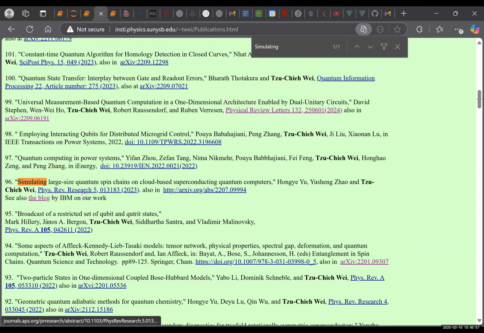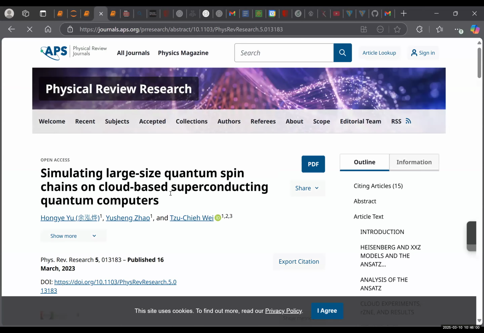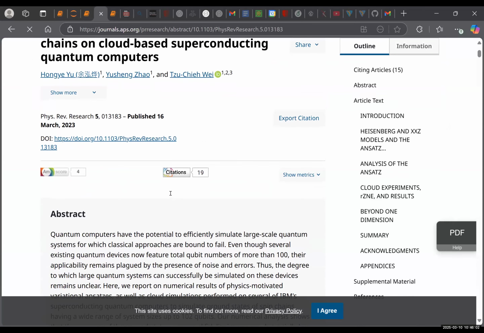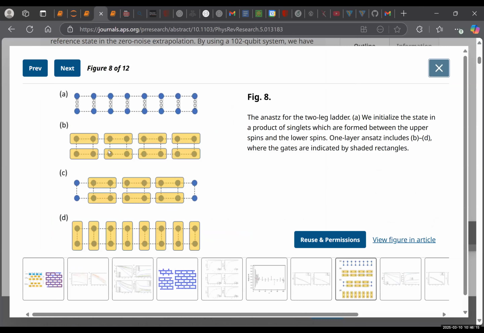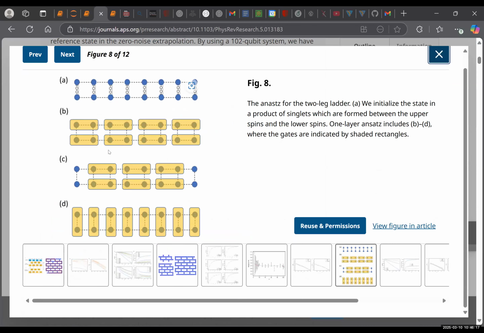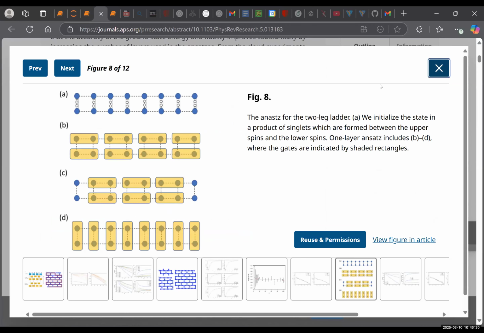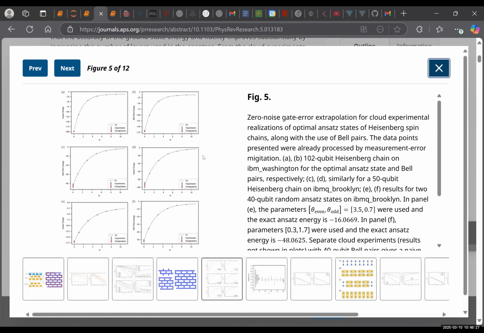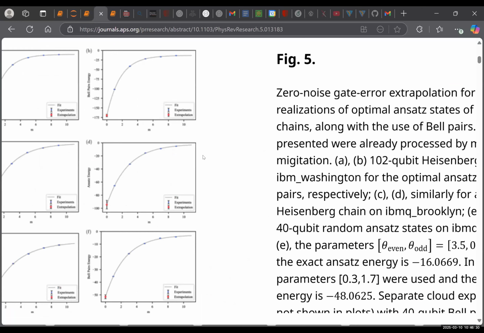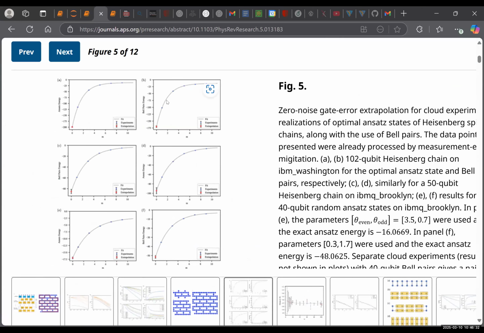So this is the one that we did. So I can show you the real data that we have. I have more figures. Yeah, so this is one example of the data. It's real data. So, zero noise extrapolation.